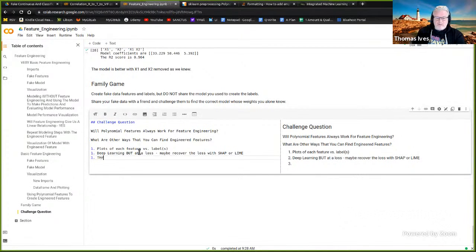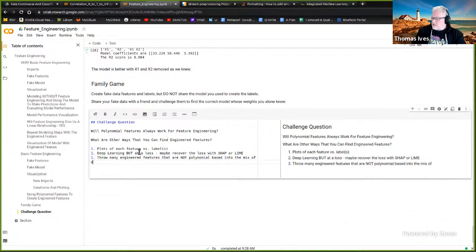So throw many engineered features that are not polynomial based into the mix of engineered features to experiment with.